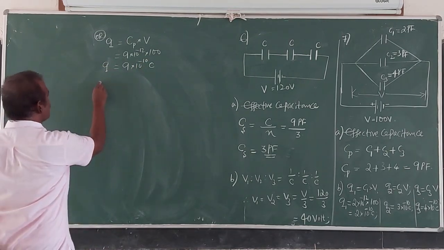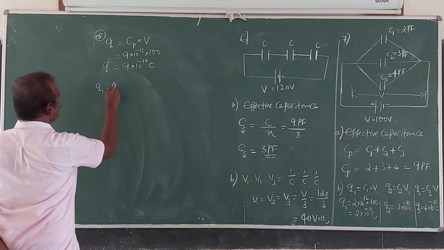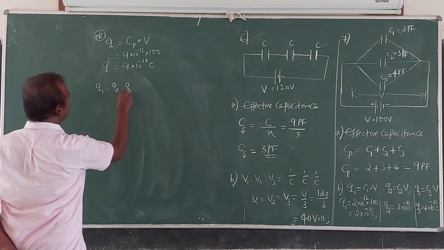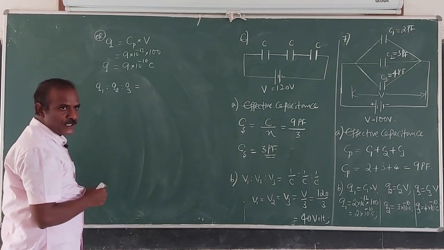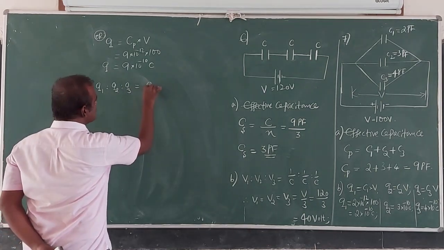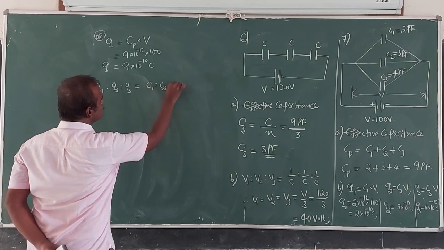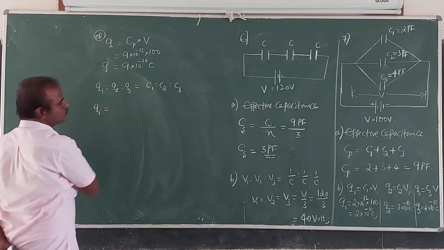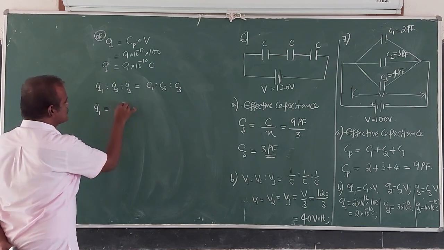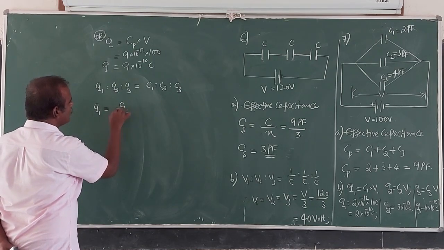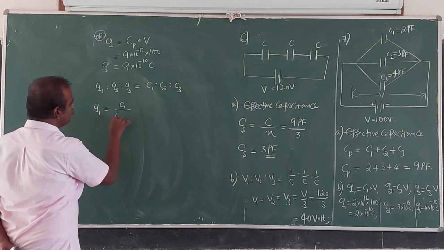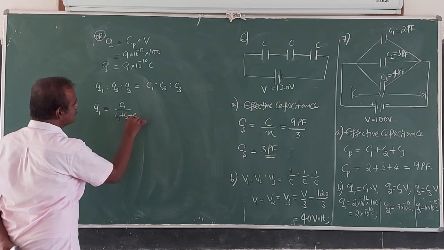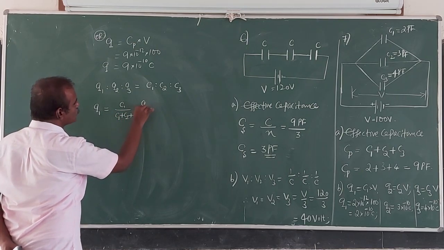Now the charge ratio, as you know, Q1 is to Q2 is to Q3 in a parallel combination is C1 is to C2 is to C3, and Q1 will be equal to C1 divided by C1 plus C2 plus C3, into total charge.